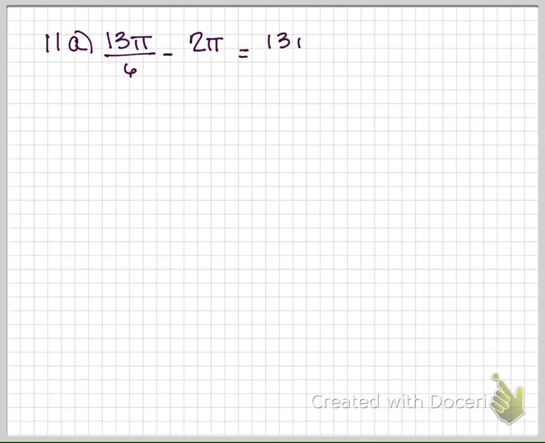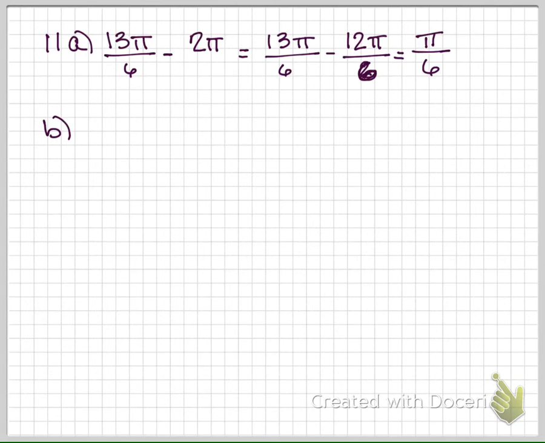I need to have a common denominator to be able to do that. So I got 13 pi over 6 minus 12 pi over 6. Sorry, I multiplied 6 times 2 to get that 12 in the numerator. I get pi over 6, which is the coterminal angle for that 13 pi over 6.